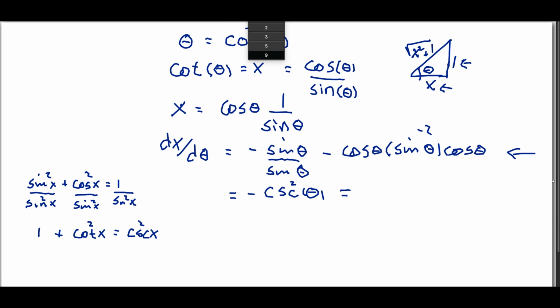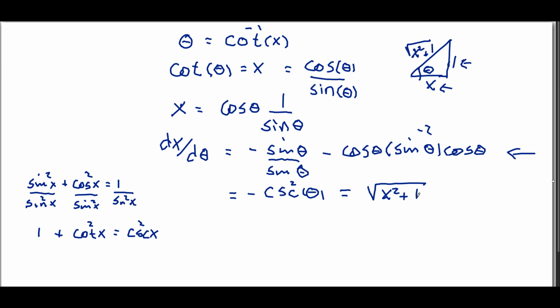So the cosecant of theta is this. Oh, come on now. Let's get the pen to work. Is x squared plus 1.